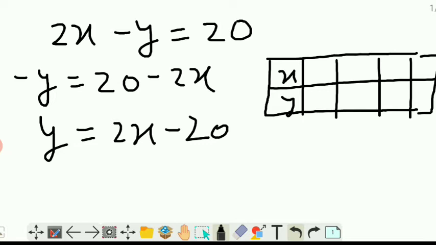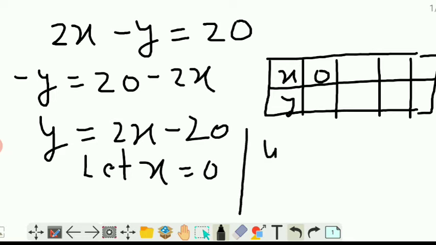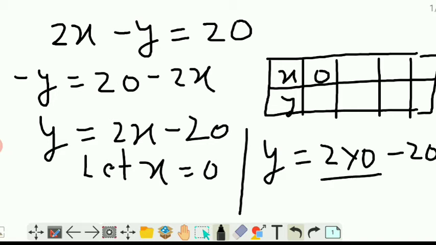We put 0 in place of x, so y is equal to 2 into 0 minus 20. 2 into 0 is 0, so what remains is minus 20. It means if x is 0, then y is minus 20. This is the first solution for the given equation.